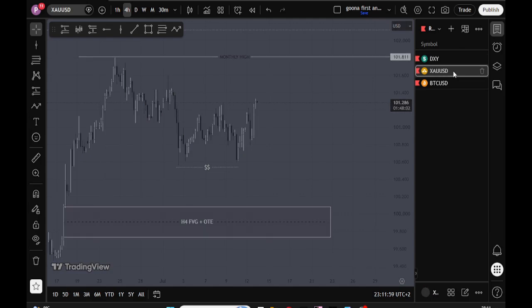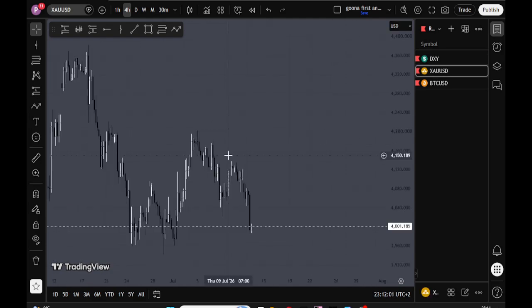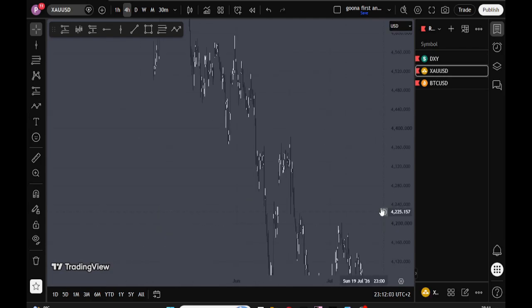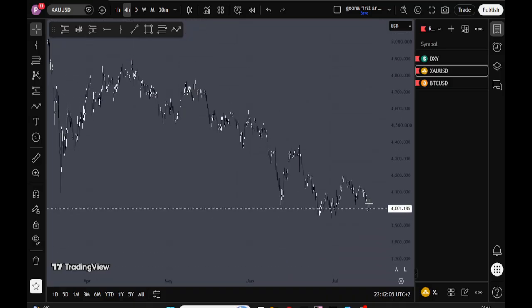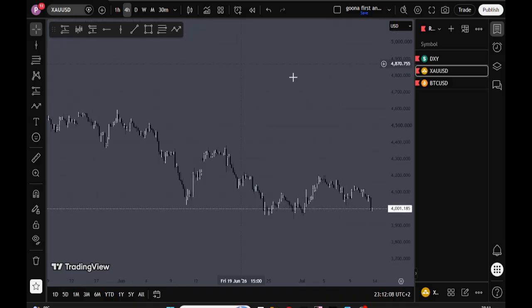I also saw something on gold, which was a sell setup. I remember seeing a sell setup on gold. Let's actually analyze it because there's a sell setup here.